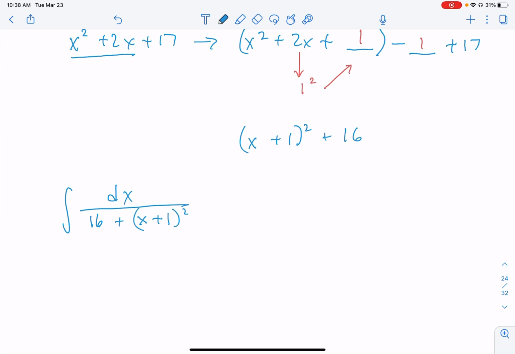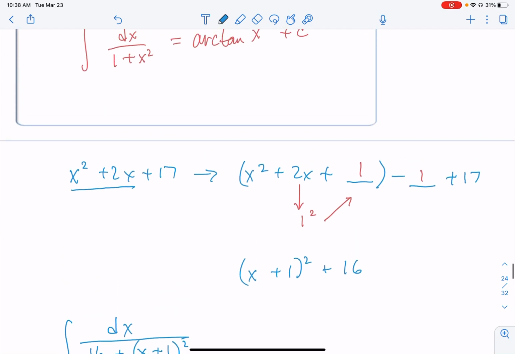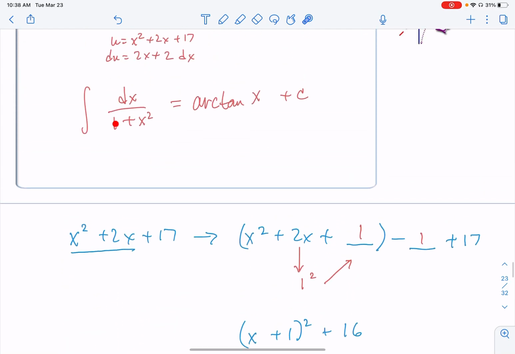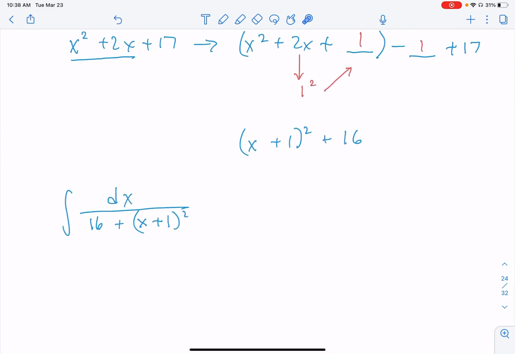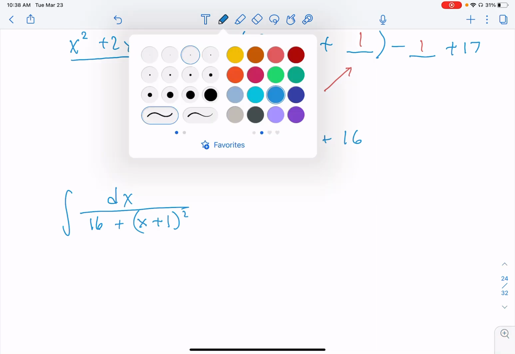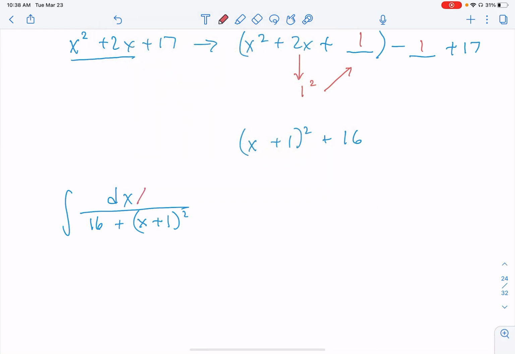All right, now it doesn't exactly look like this here because first of all, that is a 1, and here I have it to be a 16. But that's okay. I can divide everything by 16, and I can fix that. So that's what I'm going to do next. I'm going to divide this by 16. As long as I divide the bottom by 16, that's a 16, and that's a 16, we're good to go.